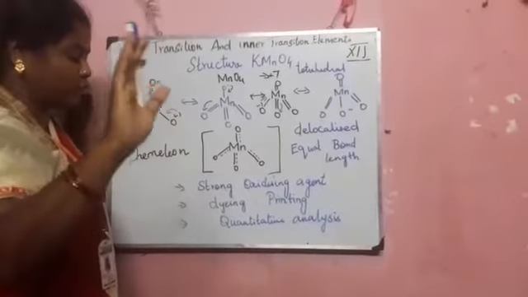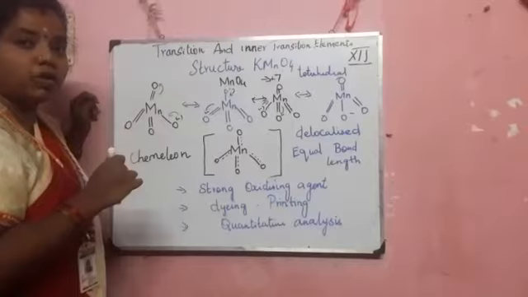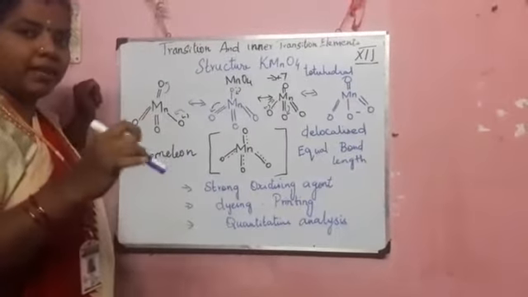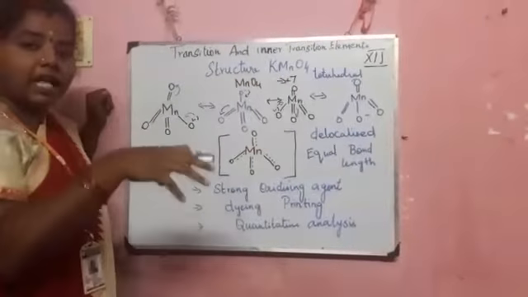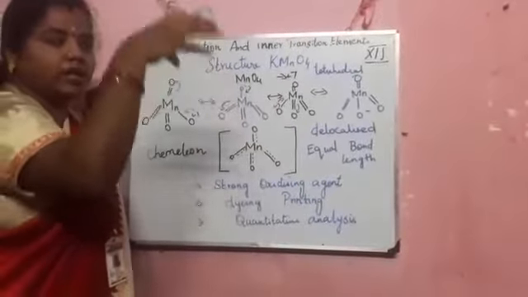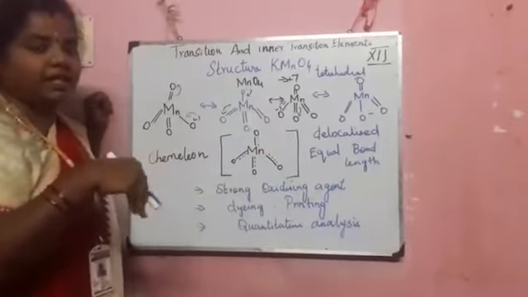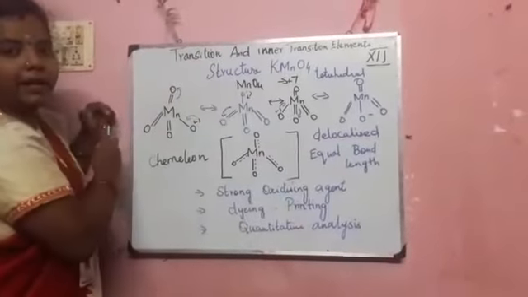And next, potassium permanganate is called a chameleon. A chameleon is an animal which takes the color of wherever it sits, on the leaves or the bark of a tree, isn't it? The same is true of potassium permanganate.